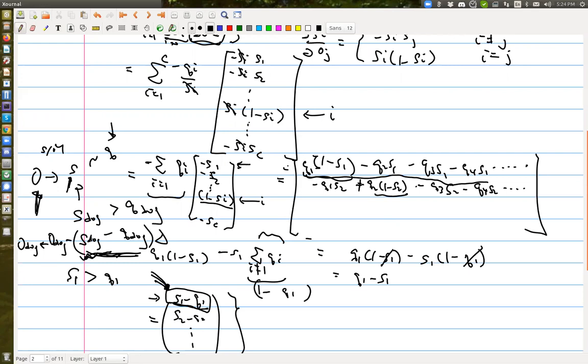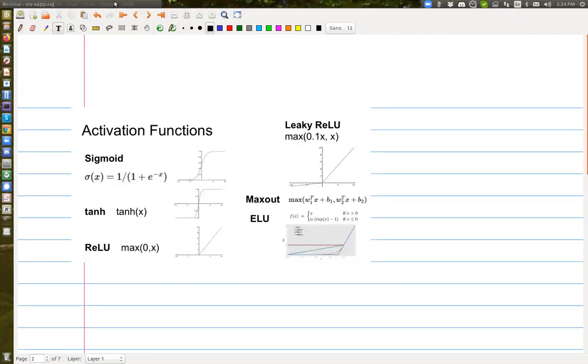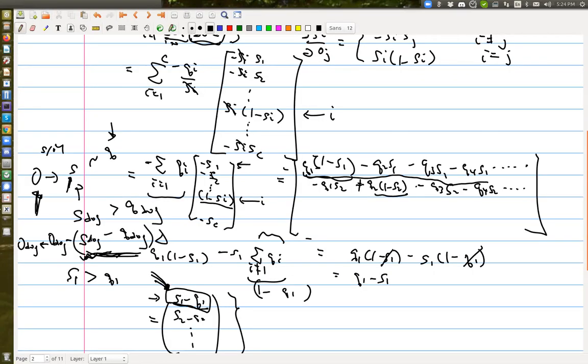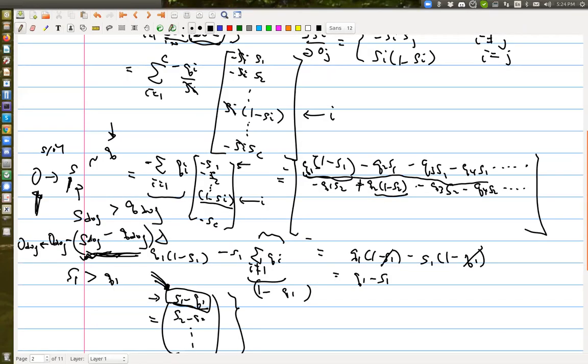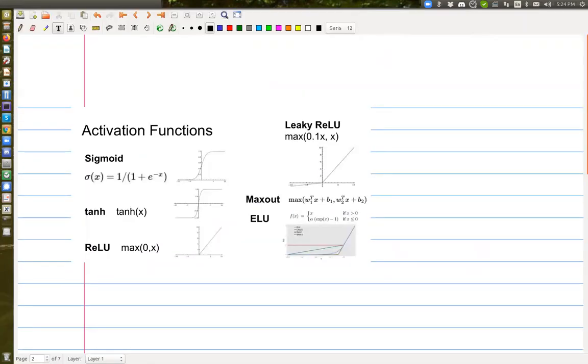beyond Backprop. So as I mentioned, I will talk a little bit about activation functions, but I'm not going to go through all of them, whatever history and whatever.